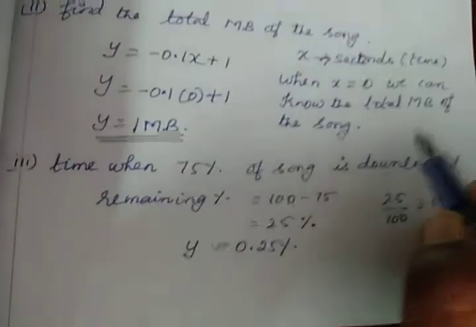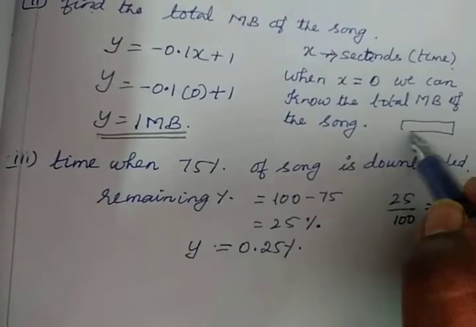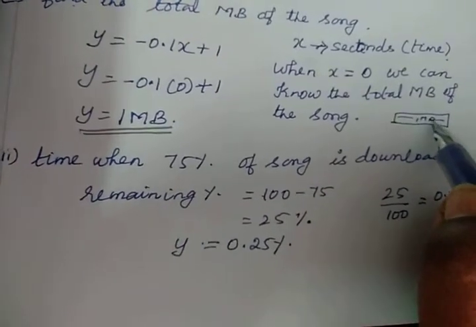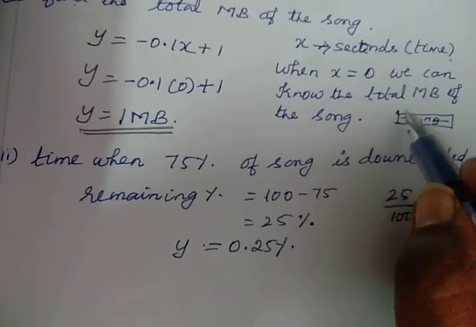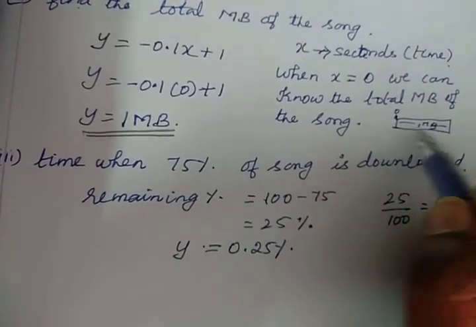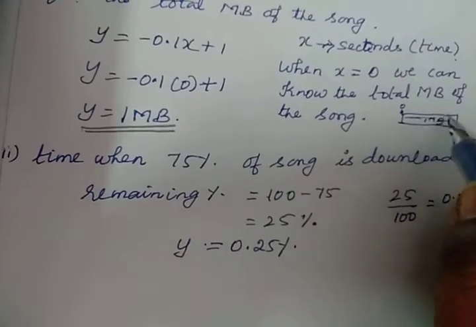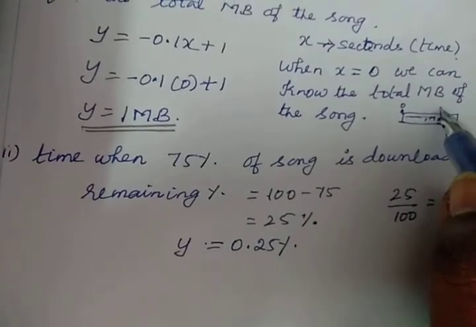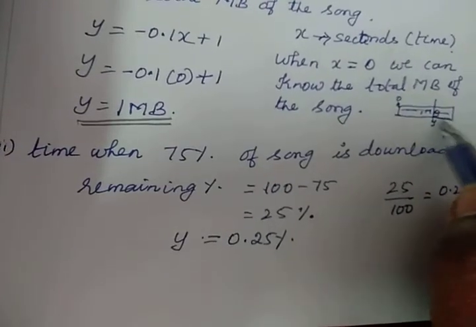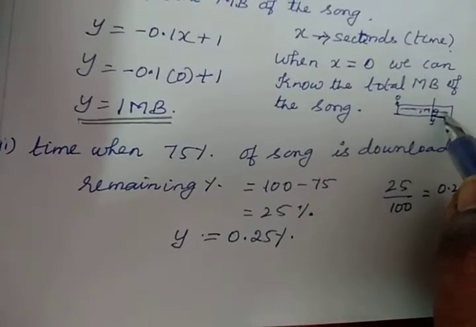The initial position of the song is total 1 MB, and at the initial position the time will be 0. Now 3/4 of the song has been downloaded. The remaining song which has to be downloaded is 25%.